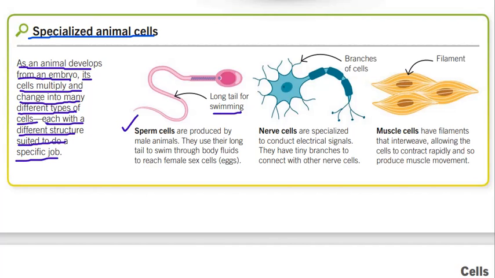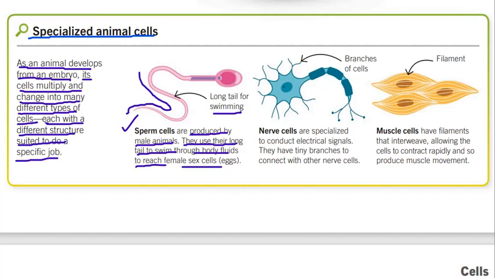Sperm cells are produced by male animals, and they use their long tail to swim through body fluids to reach female sex cells called eggs.